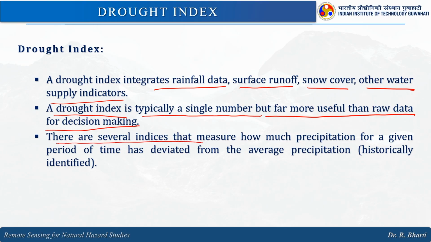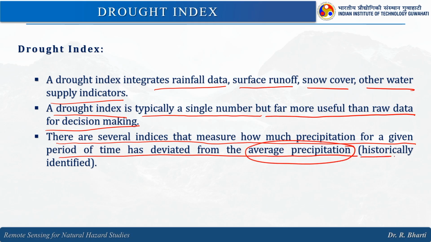There are several indices that measure how much precipitation for a given period of time has deviated from the average precipitation. This average precipitation is basically historically identified.